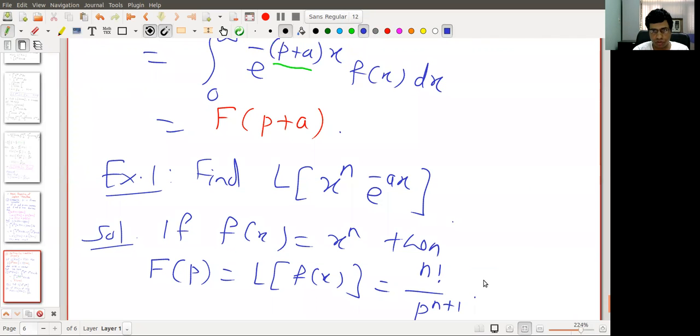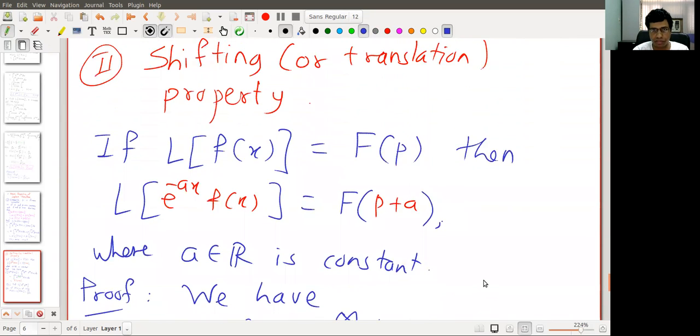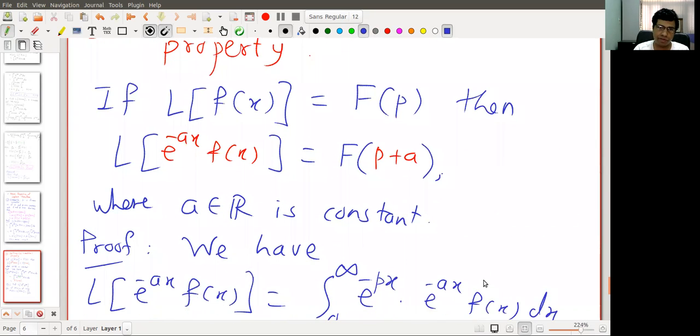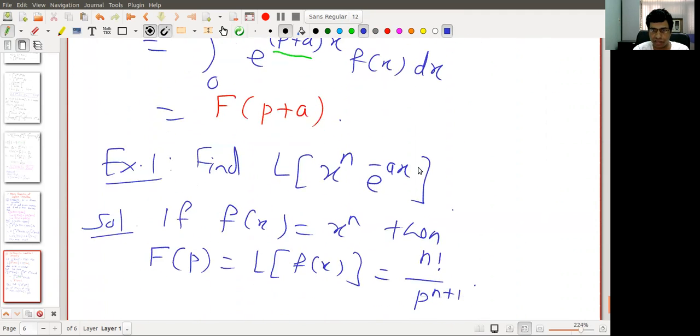And now the shifting property is, if we multiply this function by e raised to minus ax, then the Laplace transform is F of p plus a. We need to replace p by p plus a.